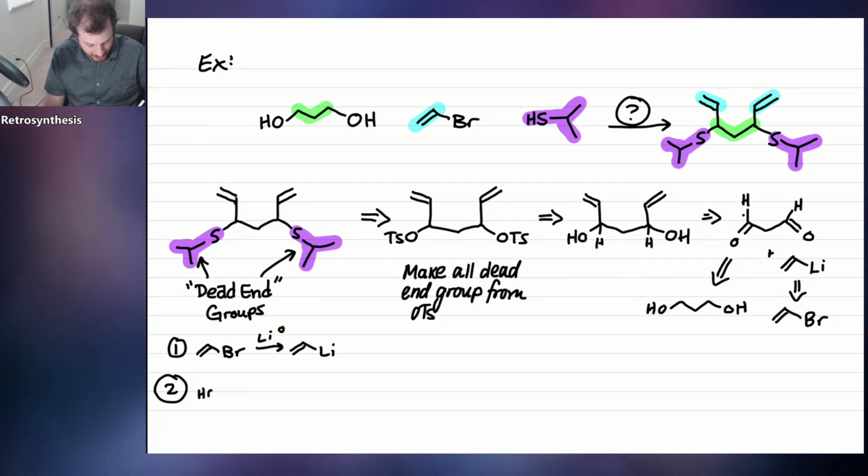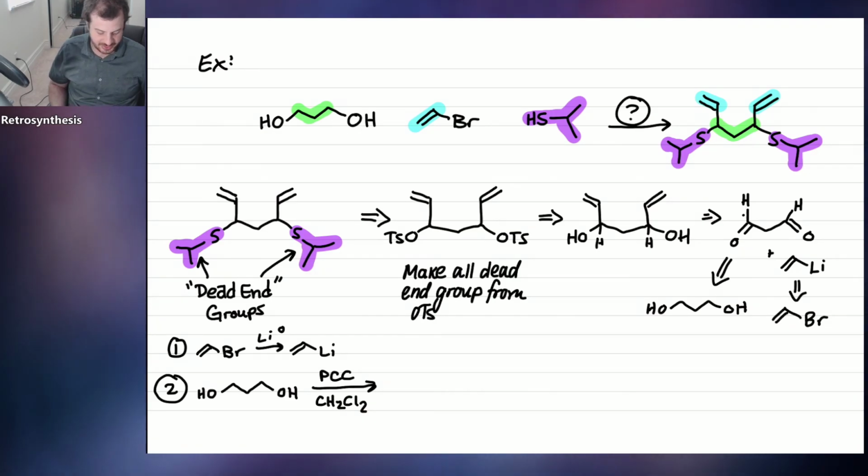Okay, so we'll start with our alcohol. And we gotta first turn it into an aldehyde so that we can do the organometallic reaction. So we're gonna treat that with PCC. And the PCC is strong. It will oxidize all the alcohols in the molecule up to the aldehyde. Okay, so there we have our 2 aldehydes.